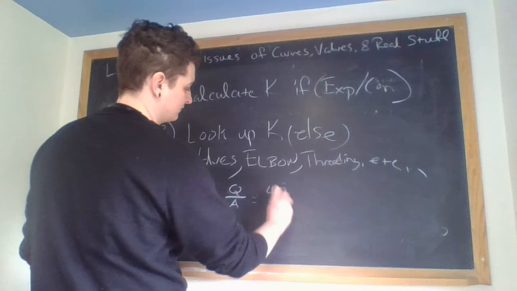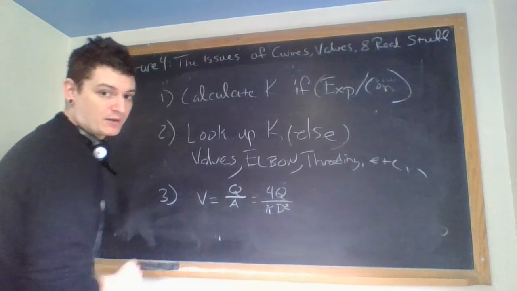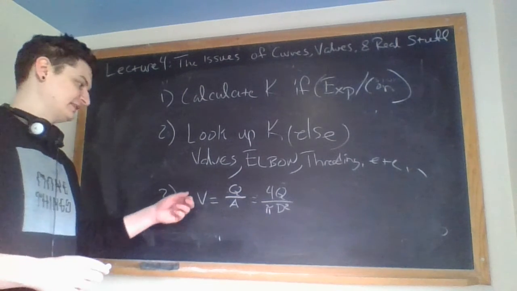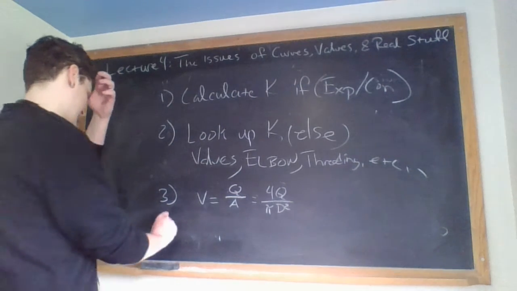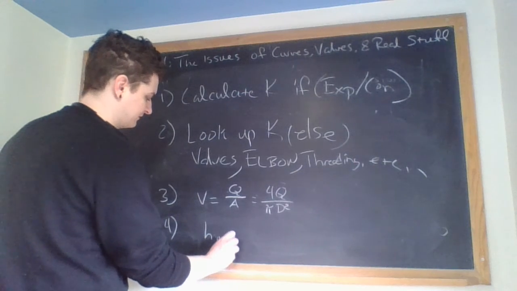So sometimes you can just do it like this because you can measure diameter. So that's where this velocity is coming from. And this is the maximum velocity that we're going to use throughout piping problems. And then you would actually have all the things for your minor losses.